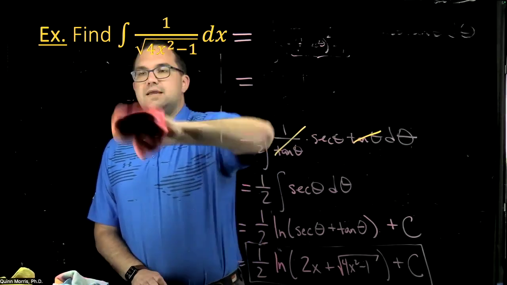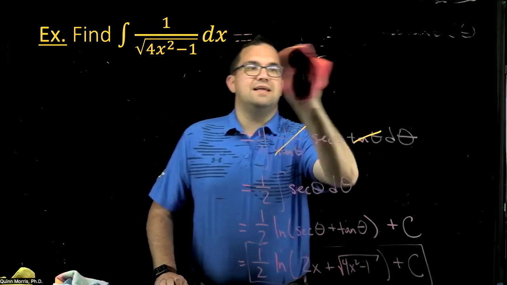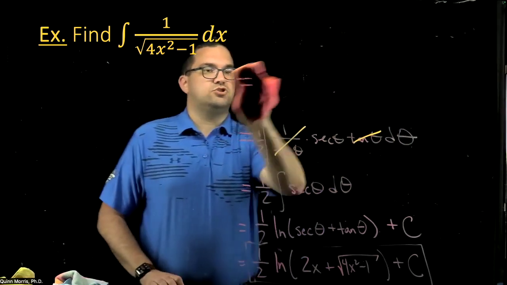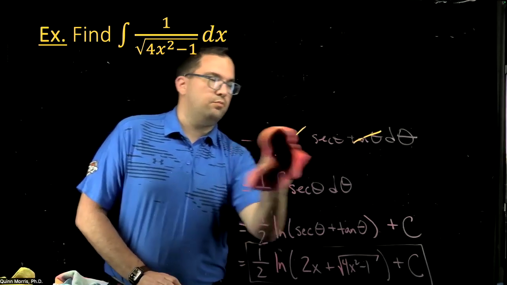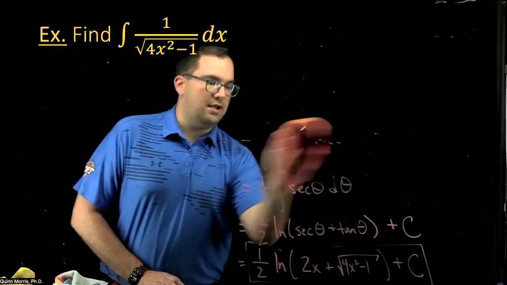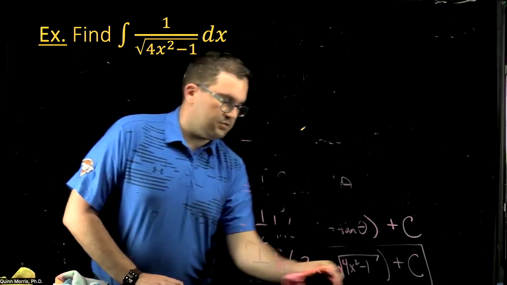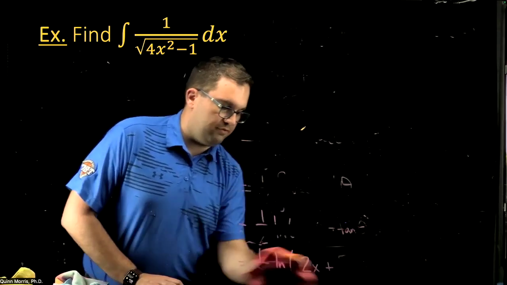And then finally, in this most recent example, we saw a secant substitution, which helped me out when I had something like an x squared minus a constant. And so we want to briefly summarize these 3 types of substitutions we've seen and see how we might more methodically approach these moving forward.